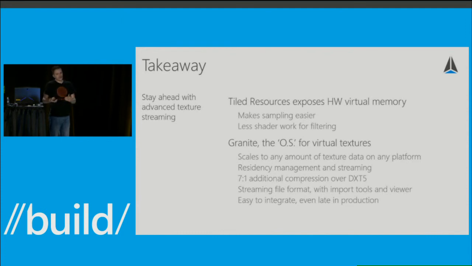Our product Granite sits on top of the hardware offering, and it's basically like an operating system for virtual texture. It takes care of loading the texture, paging the texture, and then deciding what should stay and what should go out. In addition to this, we have tools that allow you to make the page files, the file it's swapping from, which is compressed on disk.